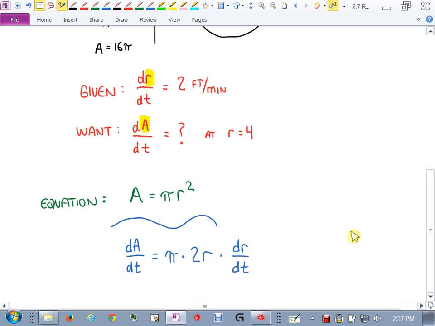Now we can actually let r be 4. We can fix the moment in time now. If r is 4, right, we got that. What's dr/dt? It's 2. So now it's just plugging in values. Just plug everything in, and we can find what dA/dt is. So bringing this up here, now let everything be the instant in time.